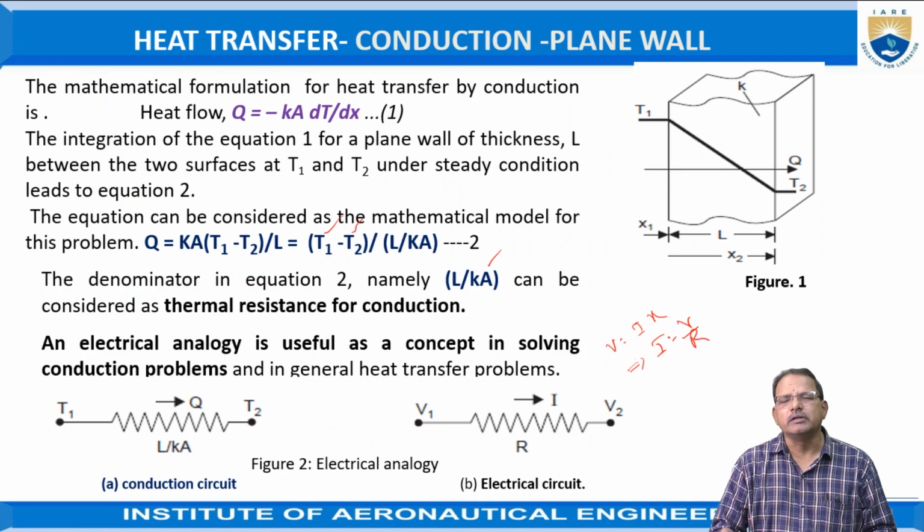This is the relationship between the current passing through the coil and the heat energy flowing through the object, where V1 and V2 are equivalent to T1 and T2. Resistance is equal to L by K A, and Q, the thermal energy flowing, is equivalent to the current passing.